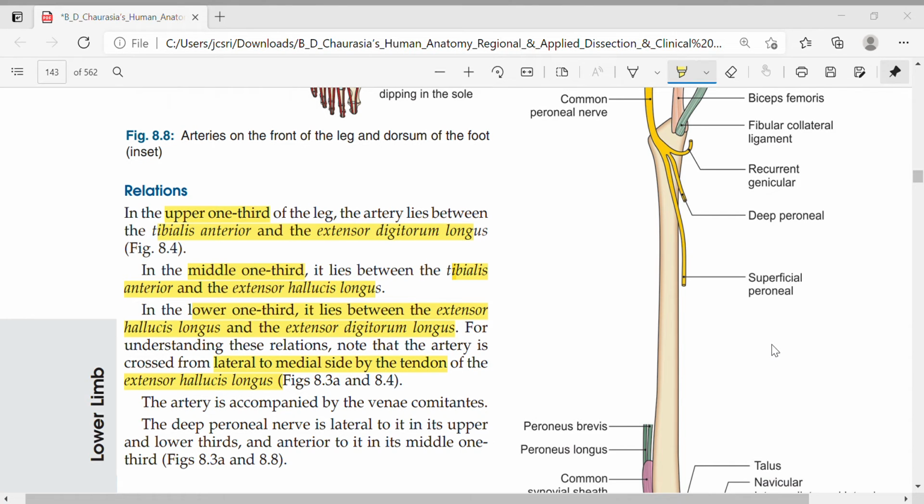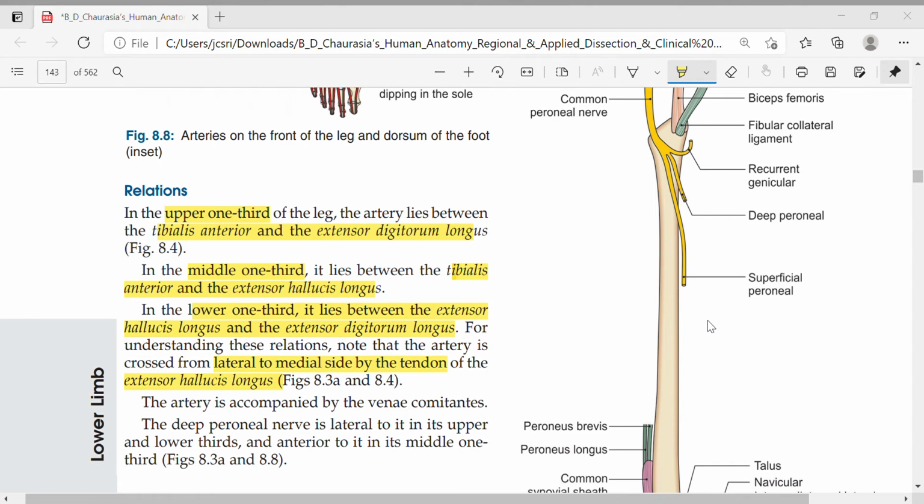In the middle you have the tibialis anterior and the extensor hallucis longus. So tibialis anterior should be there in the upper and the middle. But first you have to write extensor digitorum longus, then hallucis longus, then at last digitorum longus and hallucis longus in the lower part. Both longus should be there.